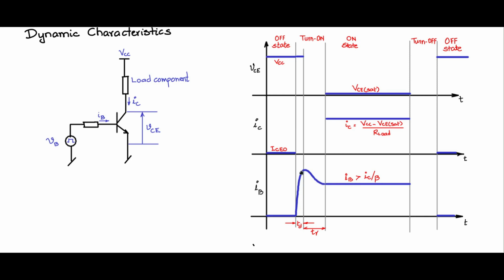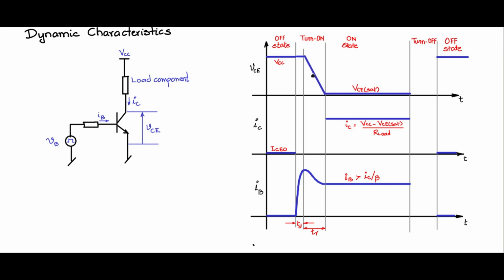The area under this portion of the IB curve is the charge that has to be given to the base in order that the BJT reaches the full on condition. When you supply this amount of charge, the BJT would have reached the full on condition. The voltage across the BJT, VCE, would reach VCE sat, which is almost close to 0 volt. So it will take this profile.